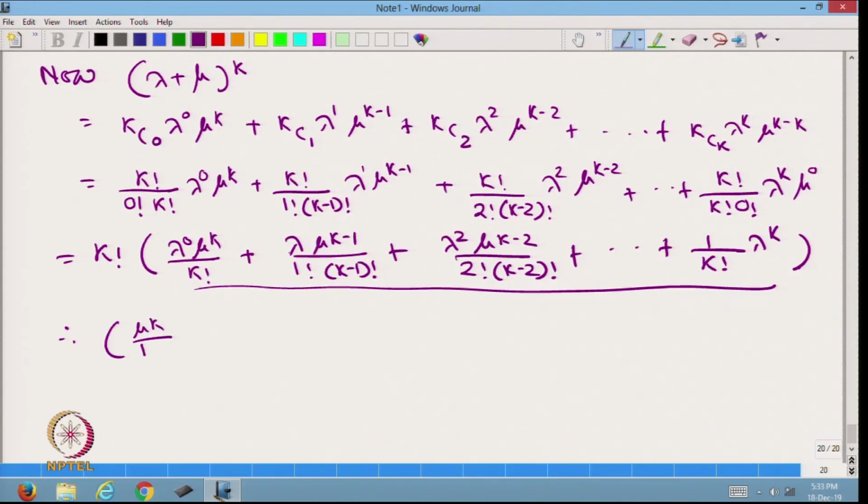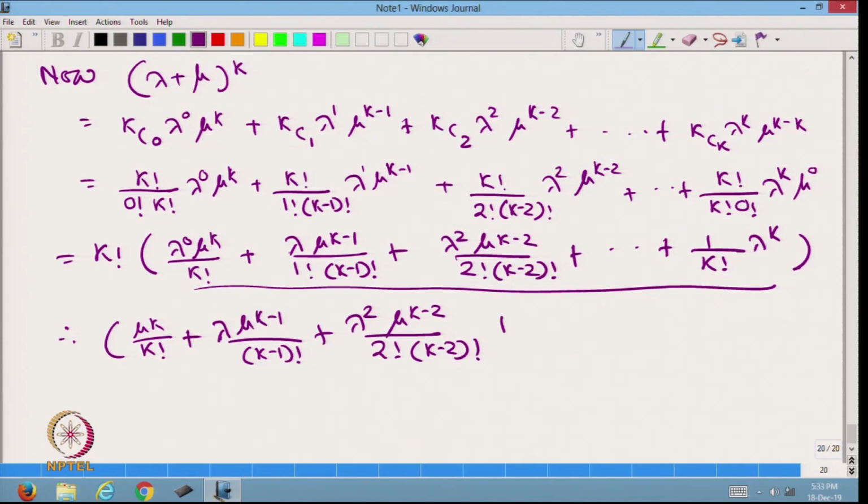mu to the power k upon factorial k plus lambda mu to the power k minus 1 upon k minus 1 factorial plus lambda square mu to the power k minus 2 upon 2 factorial into k minus 2 factorial, plus up to lambda to the power k upon k factorial.